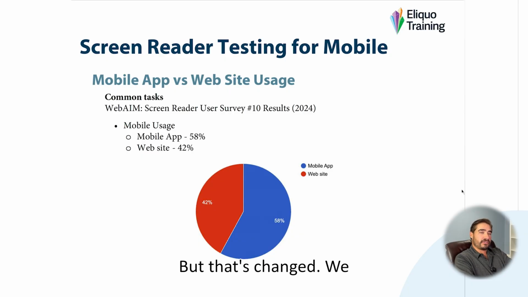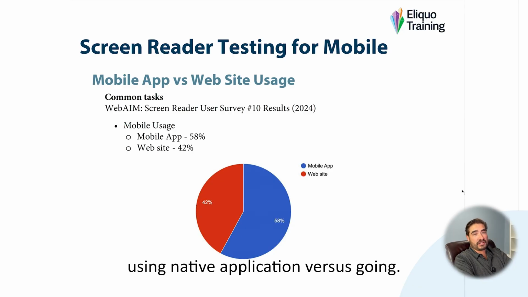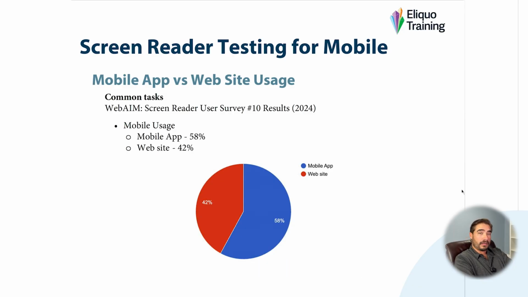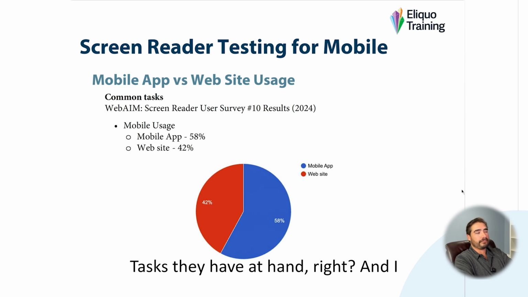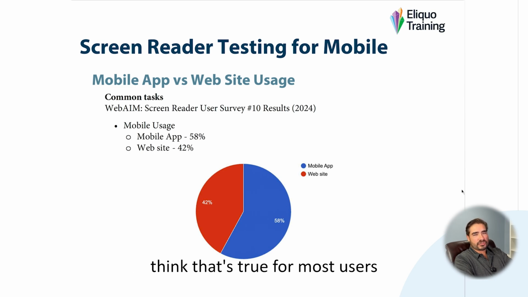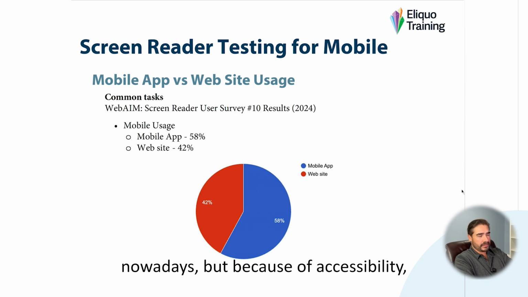But that's changed. We now see that 58% prefer using native application versus going on a browser for the same task they have at hand, right? And I think that's true for most users nowadays.